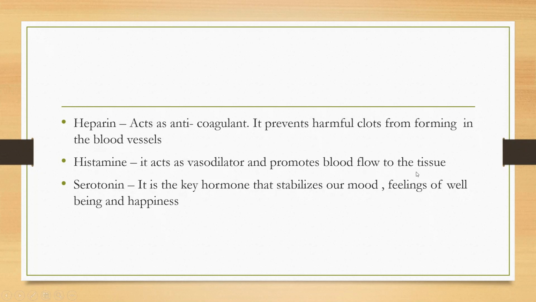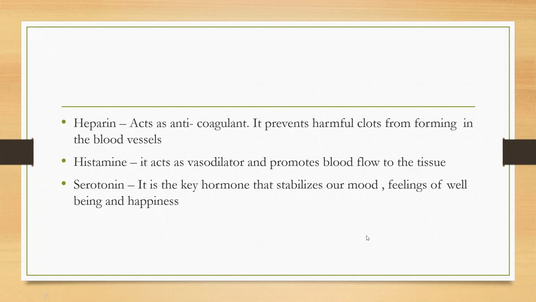If some insect bites you, you can suffer inflammation and redness. During that time histamine acts. At that area the blood vessels undergo vasodilation, that means the diameter of the blood vessels increases and there is enough blood flow to the tissue.